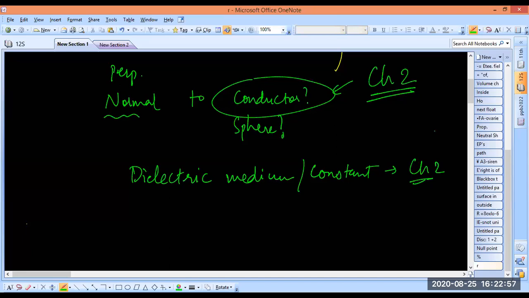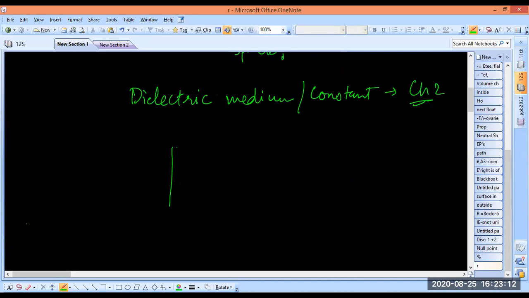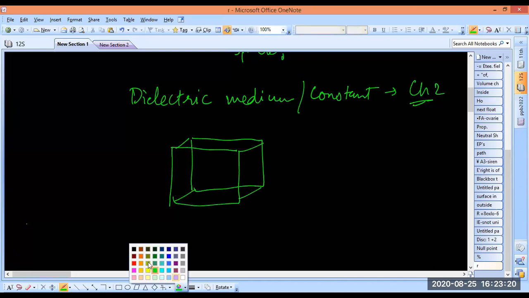what is the flux through a cube if charge q is placed on the line joining the corner? Okay. Well, I need a clarification. Suppose this is the cube. Dhawal is saying that we put a charge q on the line joining the corners.